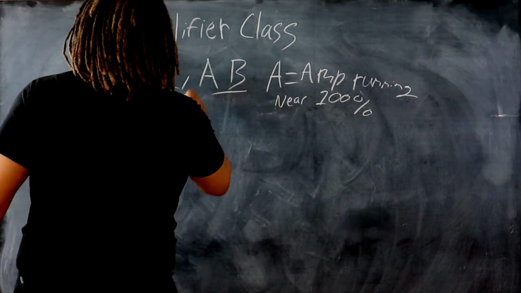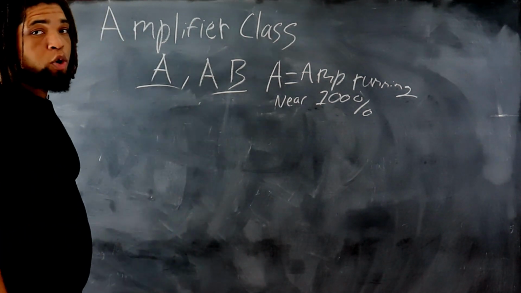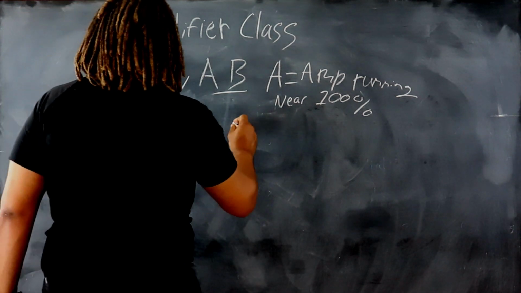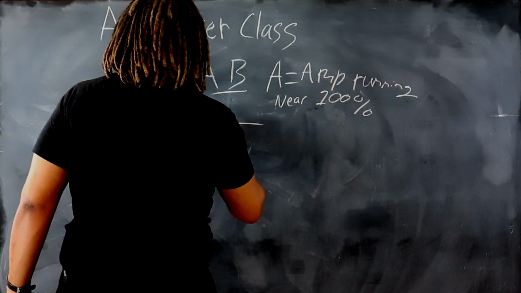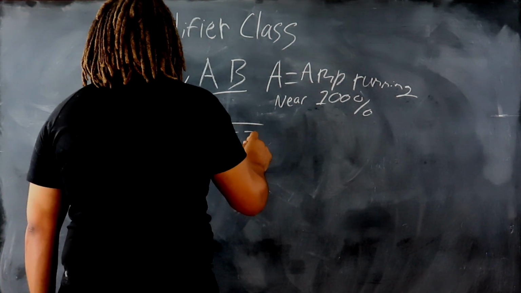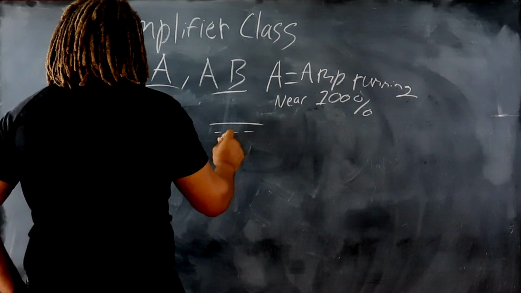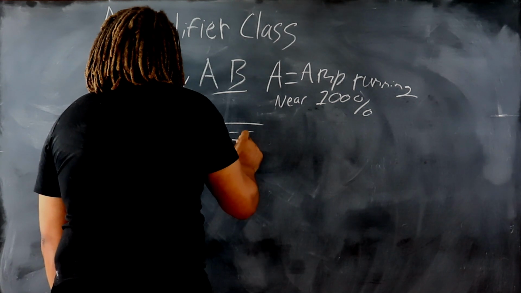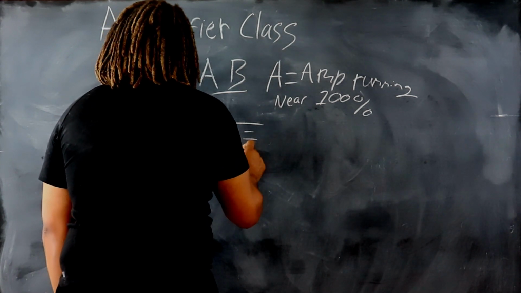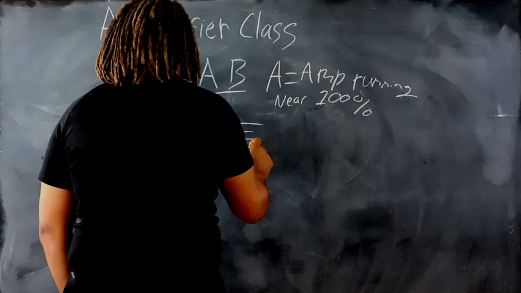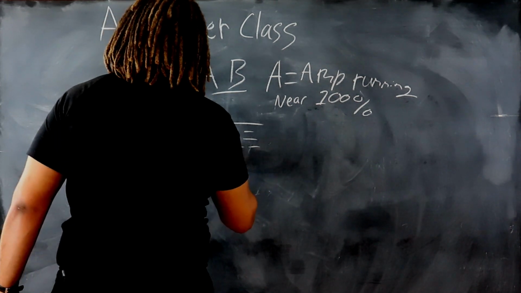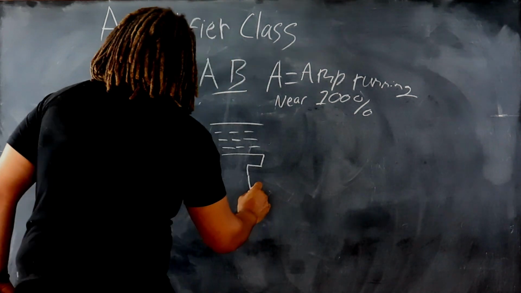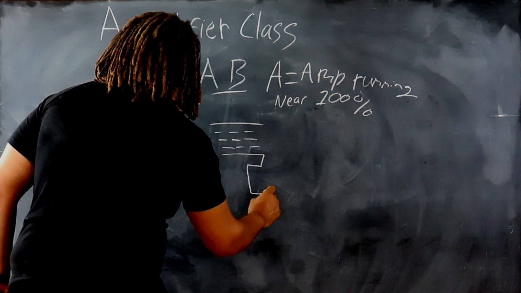And if we're going to move to Class AB, what do we have? Well, we have what's called a push-pull topology, which is where you'd have your pentode. You'd have two pentodes now working together, looking something like this.